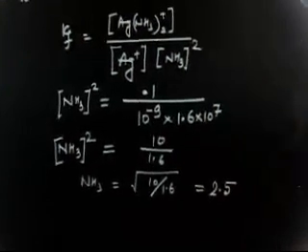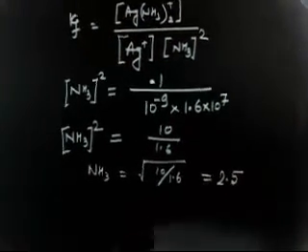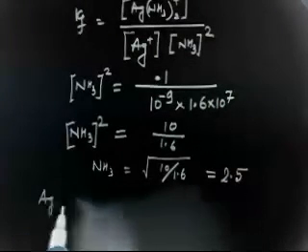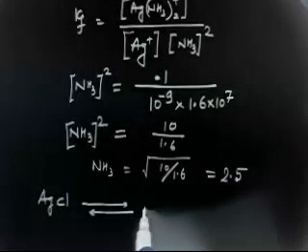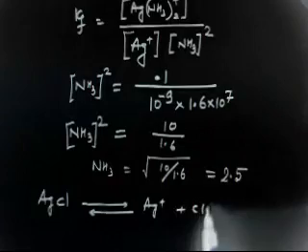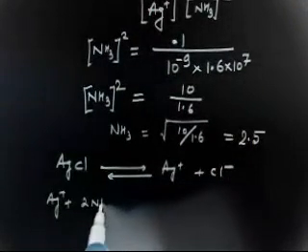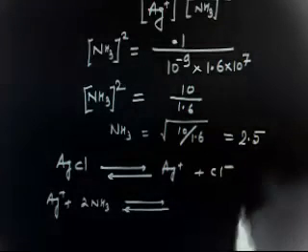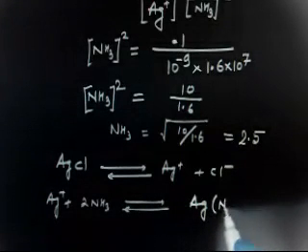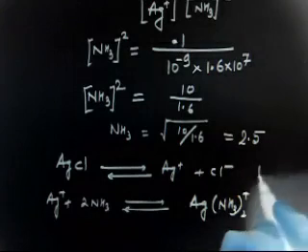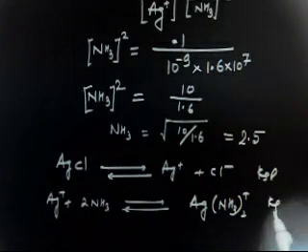Now if somebody wants, they can solve the same equation the other way around also. AgCl forms Ag+ plus Cl-, and in another reaction Ag+ plus 2NH3 forms Ag(NH3)2+; this is Ksp, this is Kf.